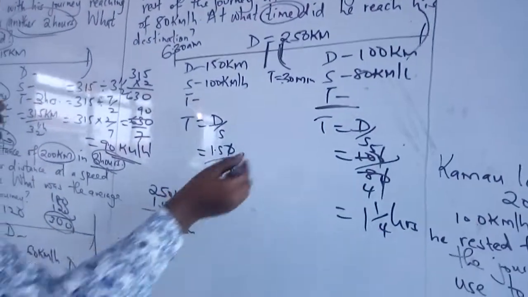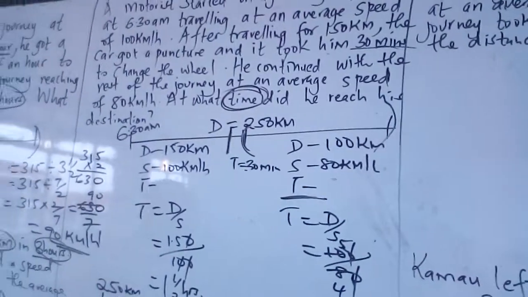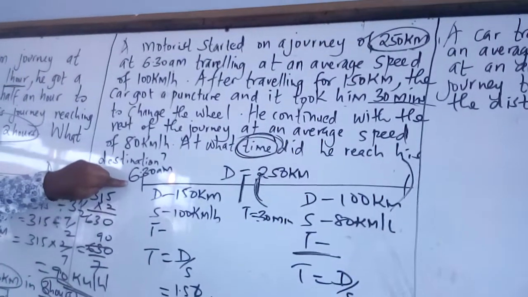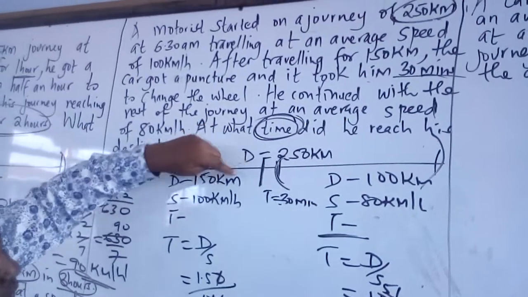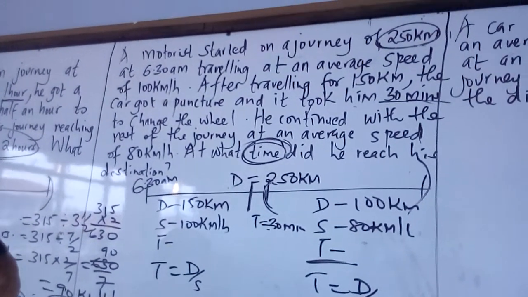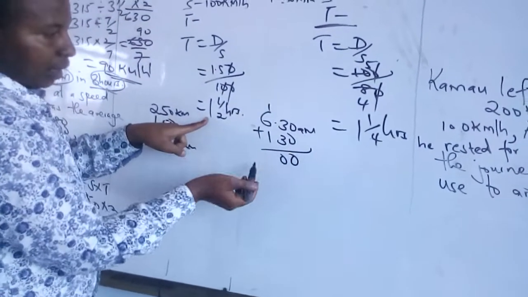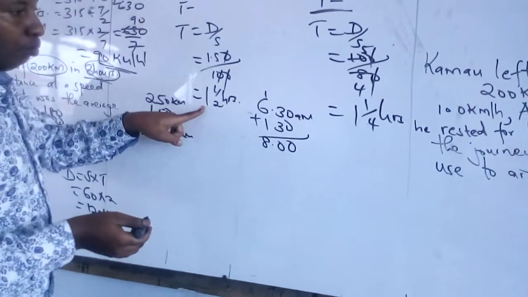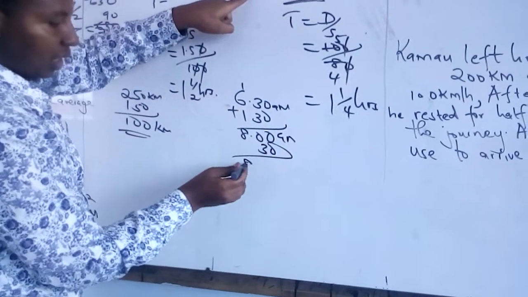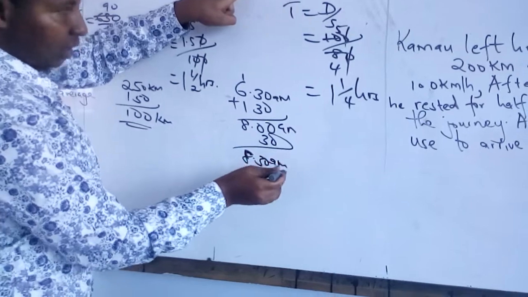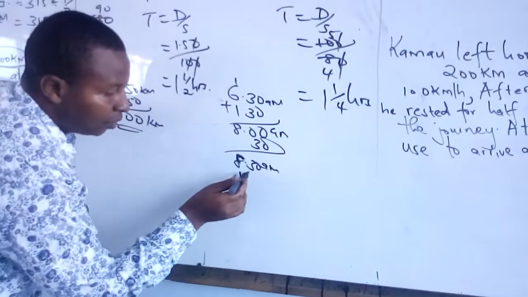Now, how do you get the time that the person reached the destination? We have starting time, which is 6:30 a.m. and the first part of the journey, which is 1 hour 30 minutes. 0, 0, carry 1. This is 7, 8. So to be at 8 a.m., add resting time, which is 8:30 a.m. Then you add the last, which is 1 hour 15 minutes.